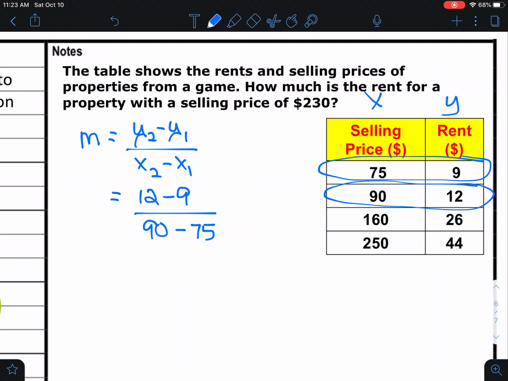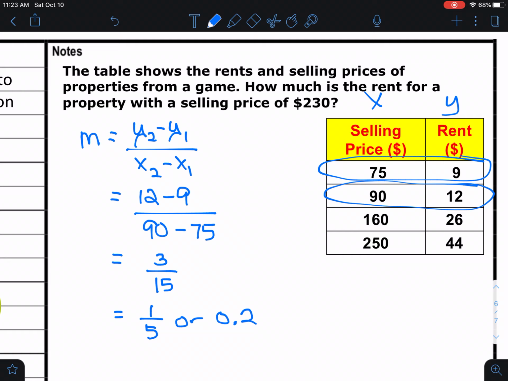Okay, so now if I simplify this, I get 3 over 15. Now I want to simplify my answer, so that is 1/5. Or you could also go, this is a nice decimal, so if it's a nice decimal, you can use that if that makes more sense.